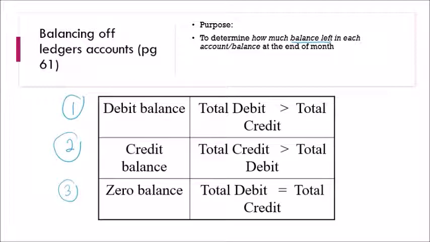Okay, so normally for debit balance, the asset, drawing and expense will end up with a debit balance in their ledger, while for the credit balance, the capital, liability and revenue will end up in the credit balance.